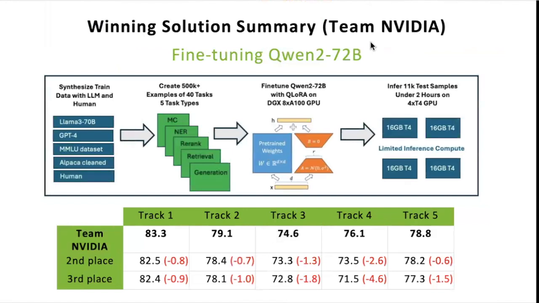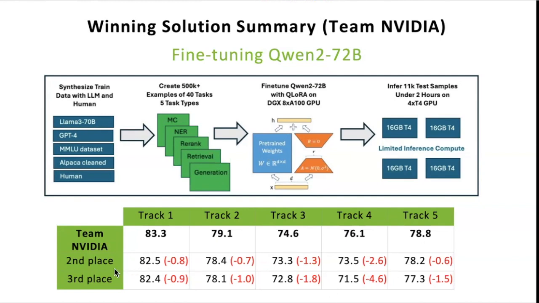The winning solution is from NVIDIA. It's a team of 6 people around the globe. Let's see the final results. The final score is between 0 and 100. They were able to win first place in all the tracks with one LLM they fine-tuned.